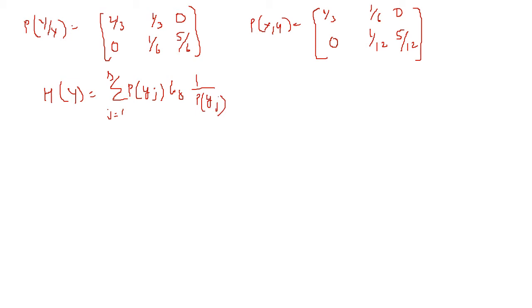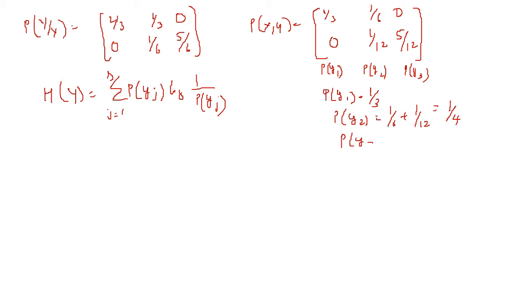Now to find the output probabilities, by the joint probability property, addition of columns gives the output values. So P of y1 will be the addition of this column, P of y2 this, and P of y3 this. After adding, we get P of y1 equal to 1 by 3, P of y2 equal to 1 by 6 plus 1 by 12, which comes to 1 by 4, and P of y3 equal to 5 by 12.